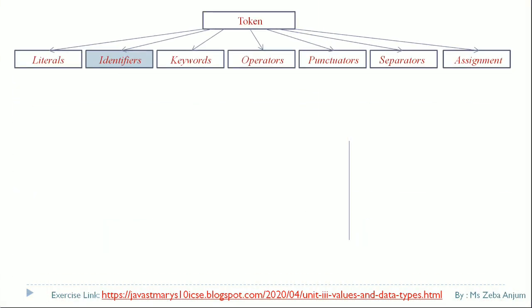Now moving towards tokens, the second category we are going to see is identifiers. Basically, identifiers are your variables in a Java program. It is used to identify the name of any variable, function, class, or any other thing that gives a special meaning to it. Let us say we were making a class.